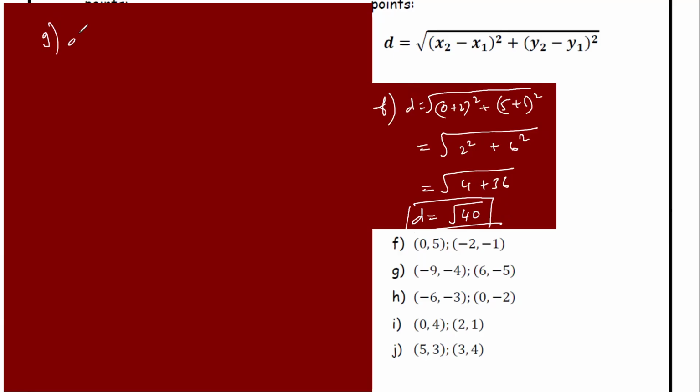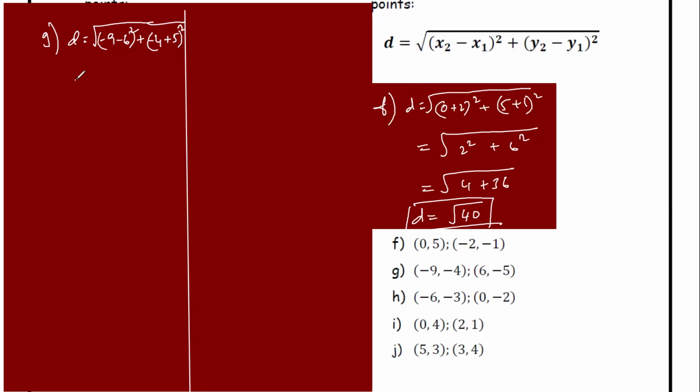G. G is -9, -6, the whole thing squared, plus -4, and plus 5, because it's -4 and negative of -5, right?